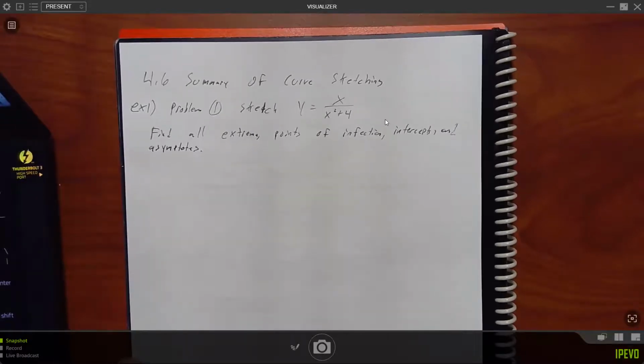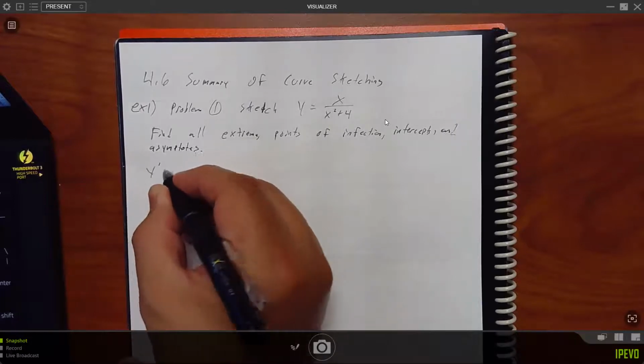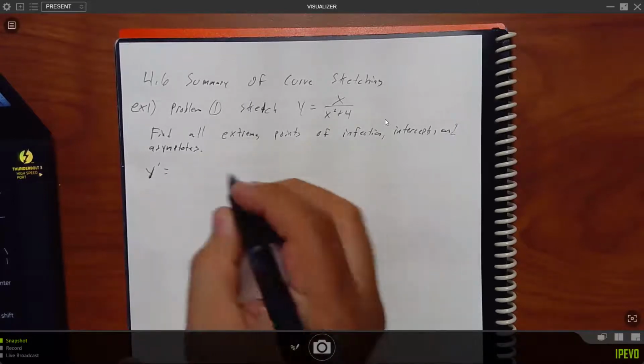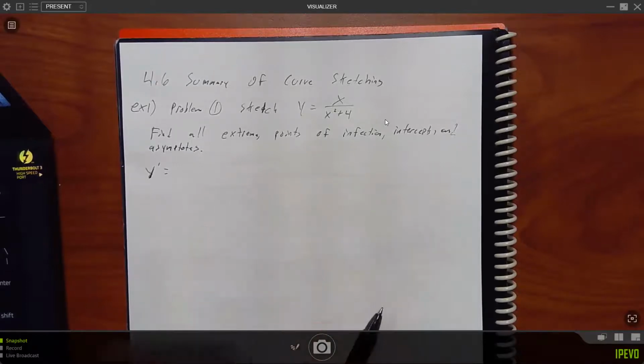All right, so first thing we got to do is take two derivatives, or at least one for sure. So y prime will be a quotient rule. Let me figure out where the minus goes.